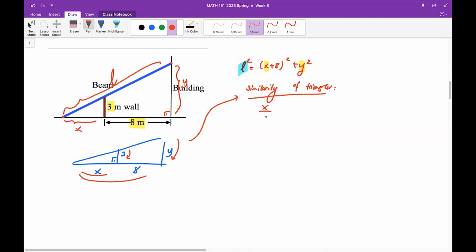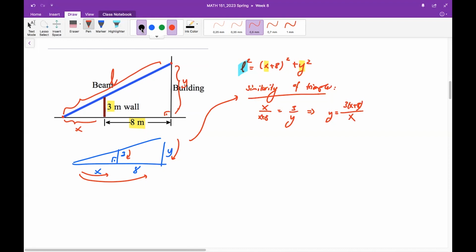So x over x plus 8 comes from taking the ratio like that, is the same as 3 over y. And from this equality, you can solve y in terms of x easily. It is 3 times (x plus 8) divided by x.